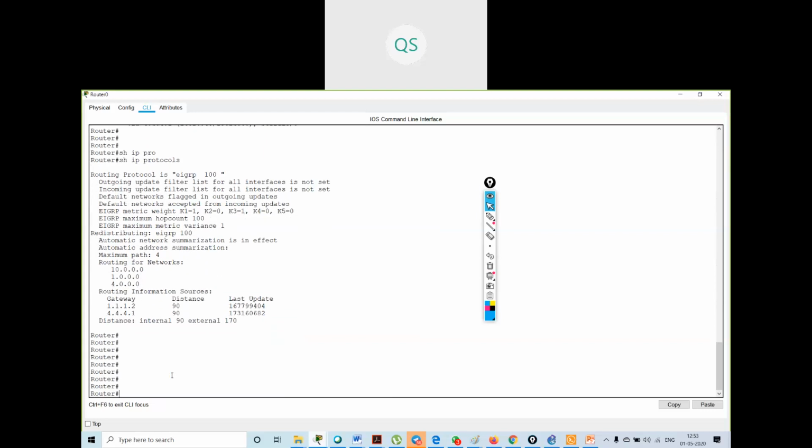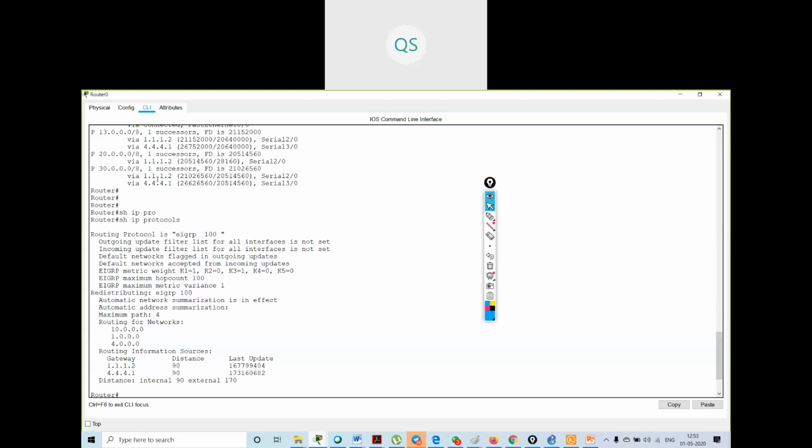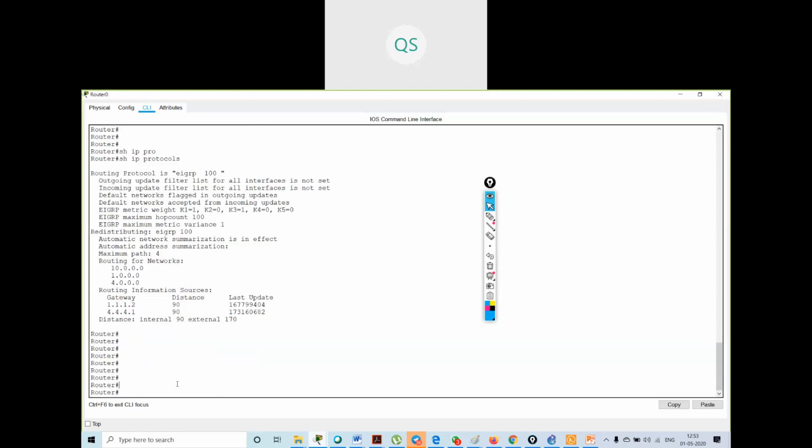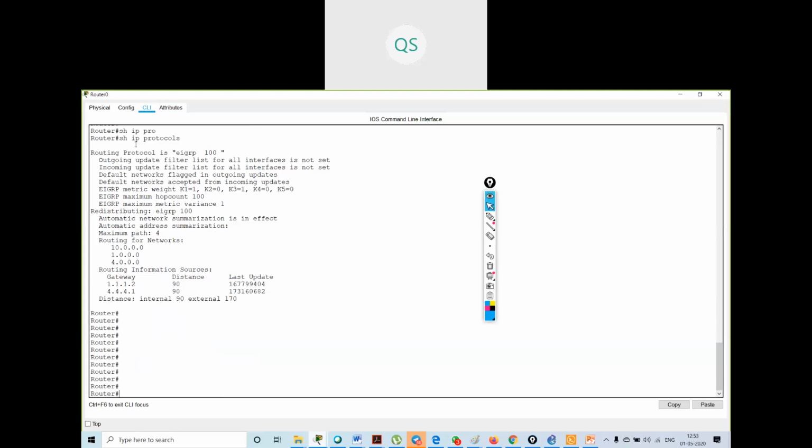Now if I want it to use both paths, what will I do? If you give the command show ip protocols, you get all the information: K values, and variance is 1 by default.